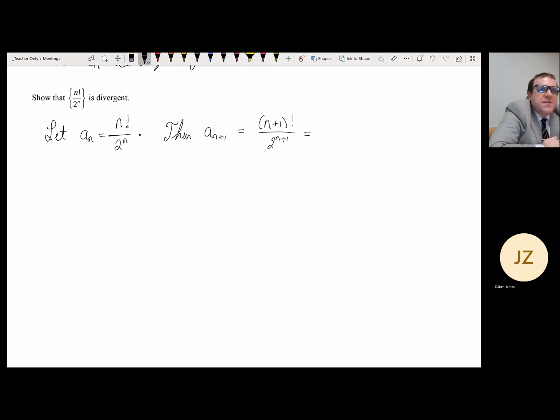So if we just say a sub n is n factorial over 2 to the n, a sub n plus 1 is n plus 1 factorial over 2 to the n plus 1. Right, that's n plus 1 times n factorial over 2 times 2 to the n. This may not work out the way I want it to.